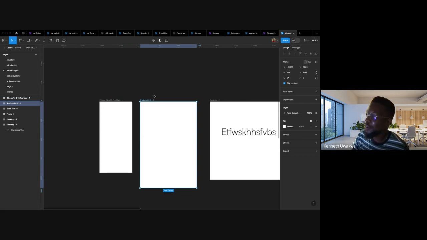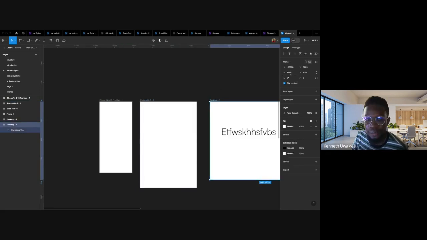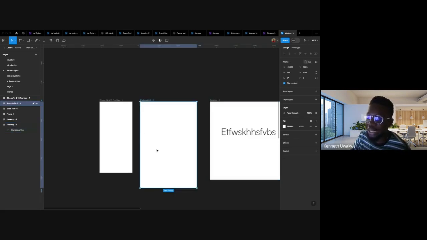Now, from this screen size, which is 744, to the next one, which is 1440. Sorry, 744 is another breakpoint actually. Any design from 744 all the way to 1440 is going to maintain the size of my tablet.